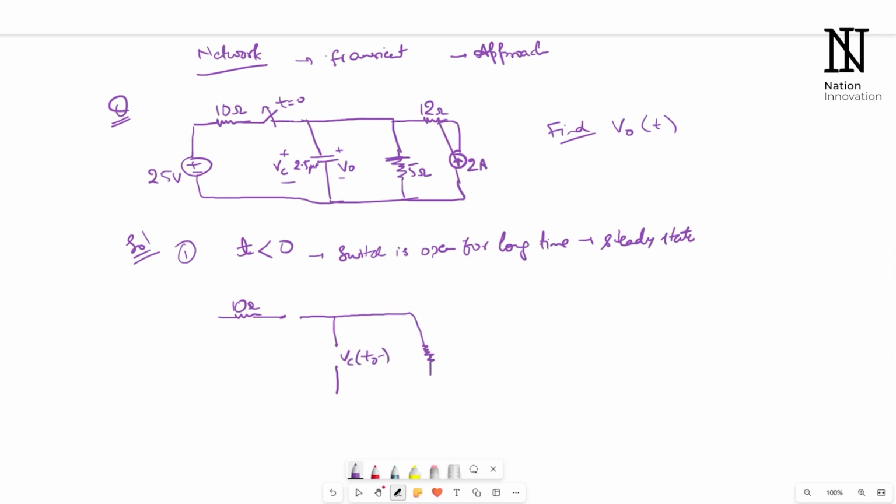This will be 5 ohm, this will be 12 ohm, and 2 ampere current. Now since this is open circuit, this 2 ampere will flow here also, right?